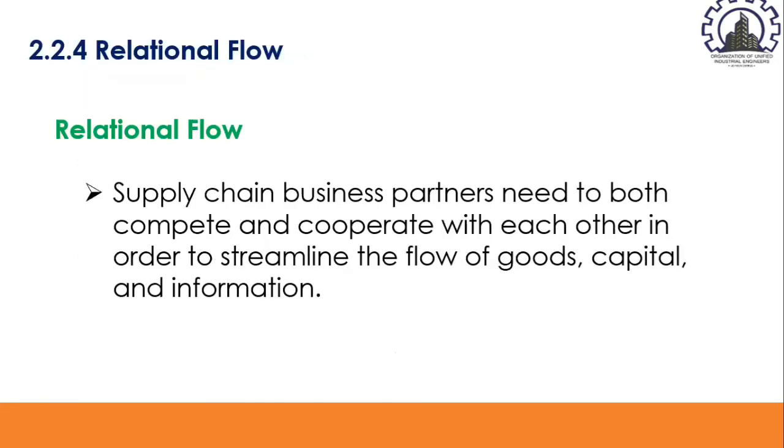And finally, the last intrinsic flow is called the relation flow. In relation flow, supply chain business partners need to both compete and cooperate with each other in order to streamline the flow of goods, capital, and information. For example, Walmart mandated that its top suppliers adopt radio frequency identification, or RFID.